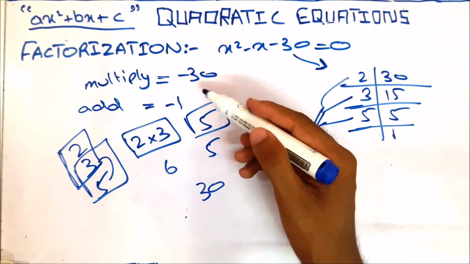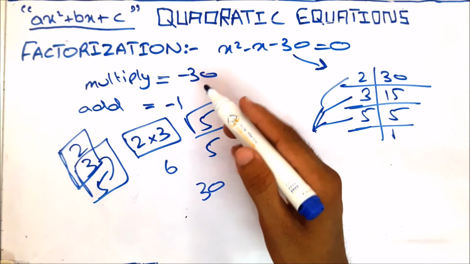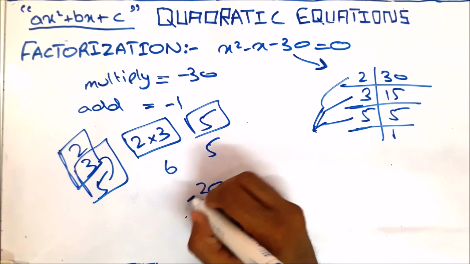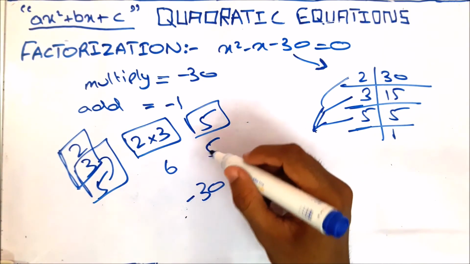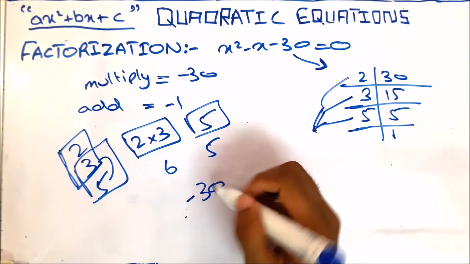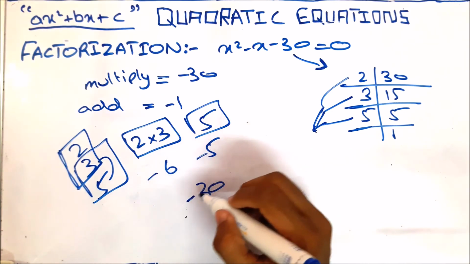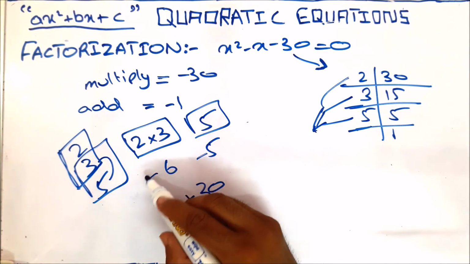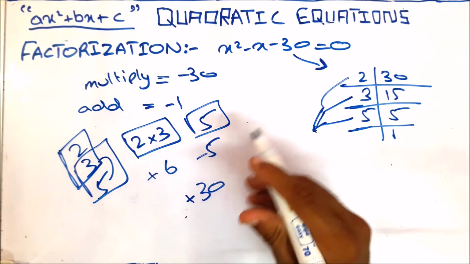Okay, here we got a 30, but we need a negative 30. So one of them has to be negative so that we can get a minus 30, because if both are positive, we get a positive 30. If both are negative, we get a positive 30 again. We need to have one positive and one negative for that.